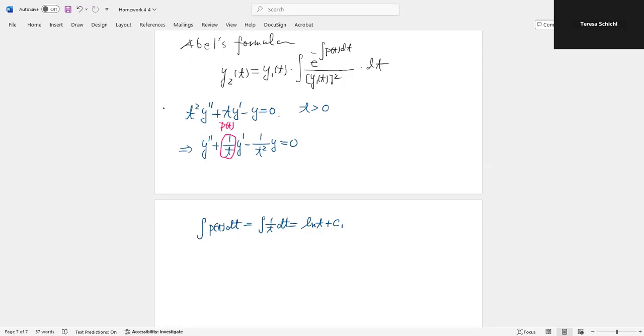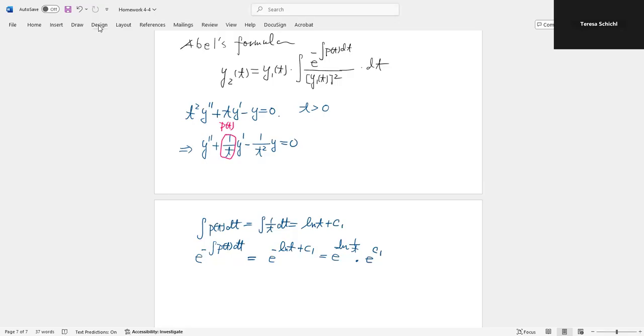Next is e to the negative integral of p(t) dt, so this will be e to the negative ln(t) plus c1. I can move the negative 1 in, so it's 1 over t times e to the c1.